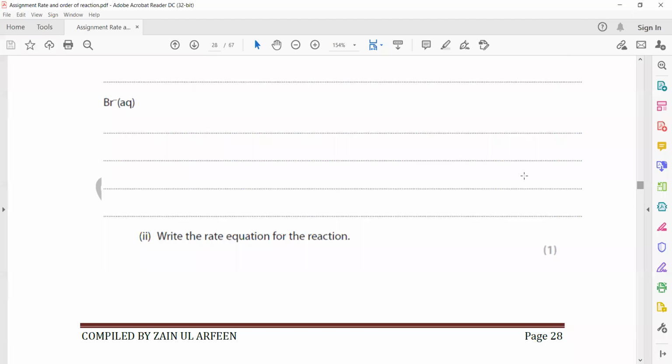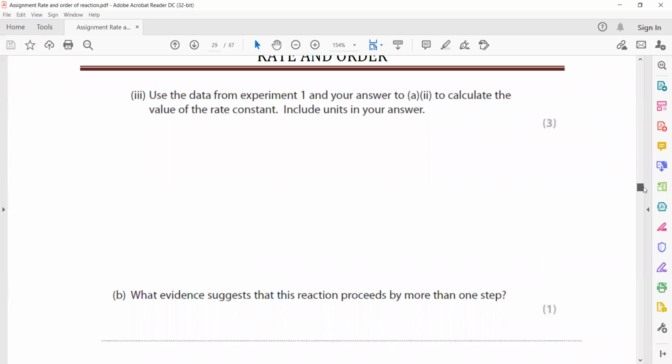Then we have to write a rate equation. So the rate will be equal to k times, they provided that it was first order with respect to BrO3. We found that it is second order with respect to hydrogen, and first order with respect to bromide. So this will be the rate equation. Then use the data to calculate the value for the rate constant.